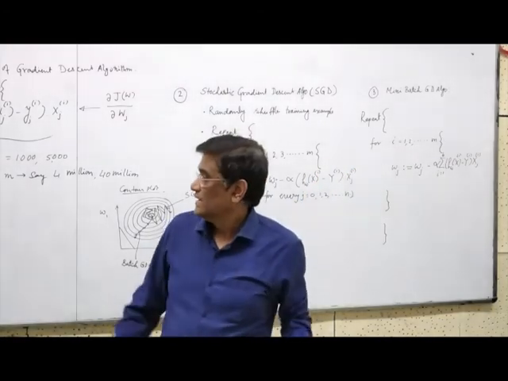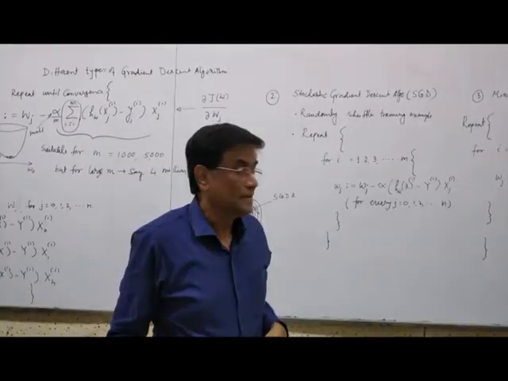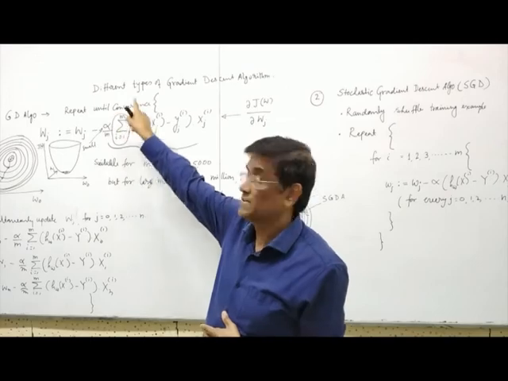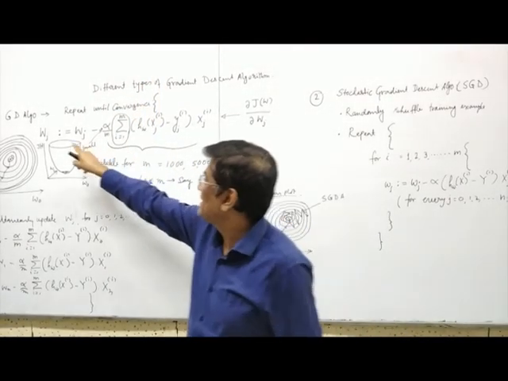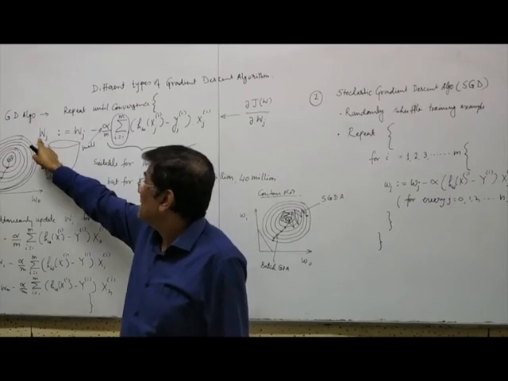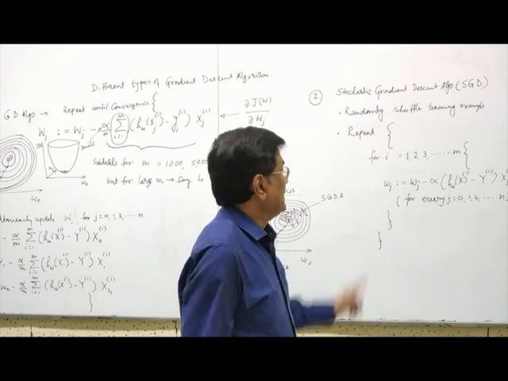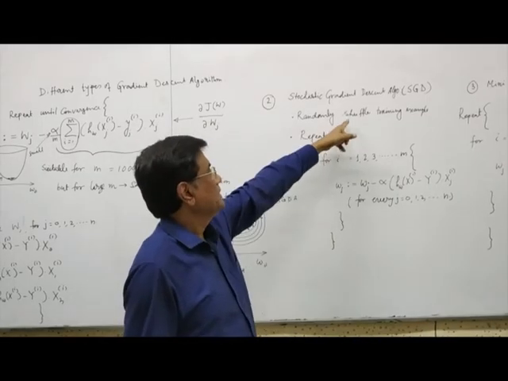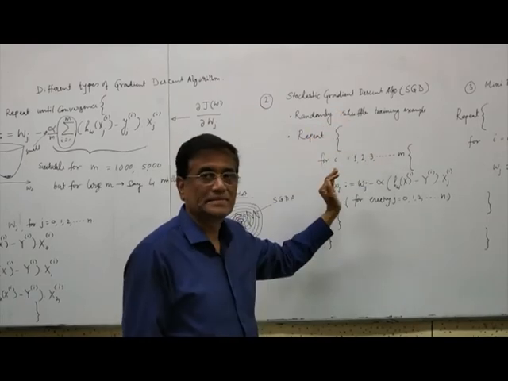The difference is clear. Here the algorithm was waiting for all the samples, whatever you have, a million samples, before taking a step, before updating the parameters. Here, on the contrary, it was whimsically taking a sample and taking a step.